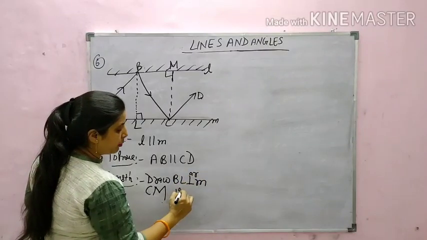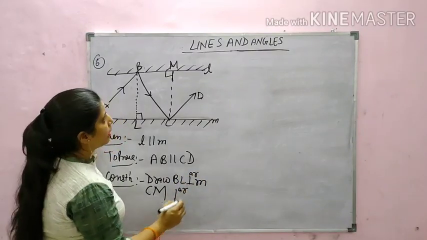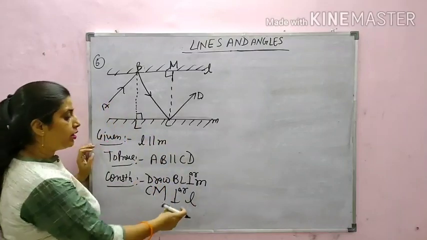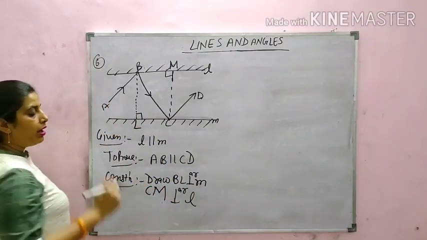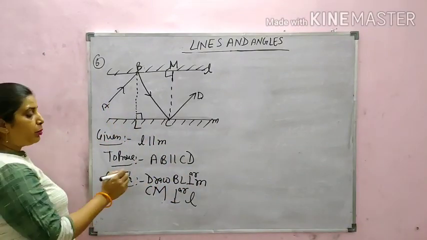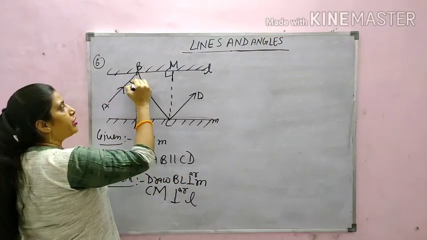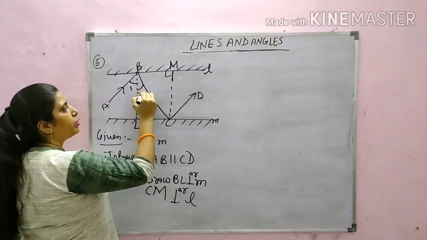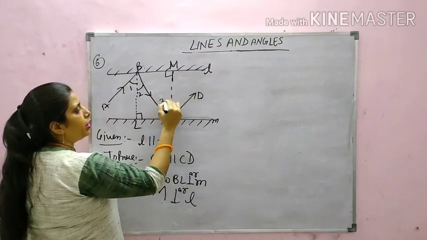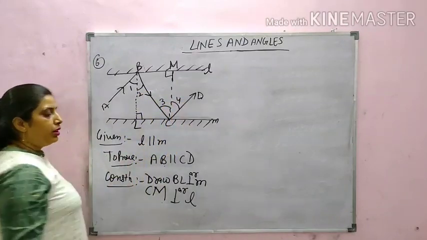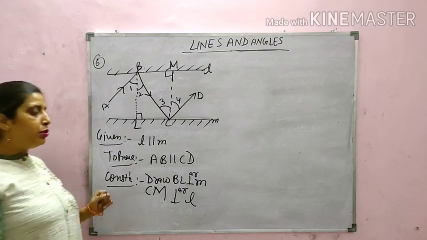This is the sign of perpendicular. On line L. This is mirror L and mirror M. Clear? Now आपको proof क्या करना है? AB parallel CD. Clear? Now mention the angles 1, 2, 3, 4. How can you prove that?